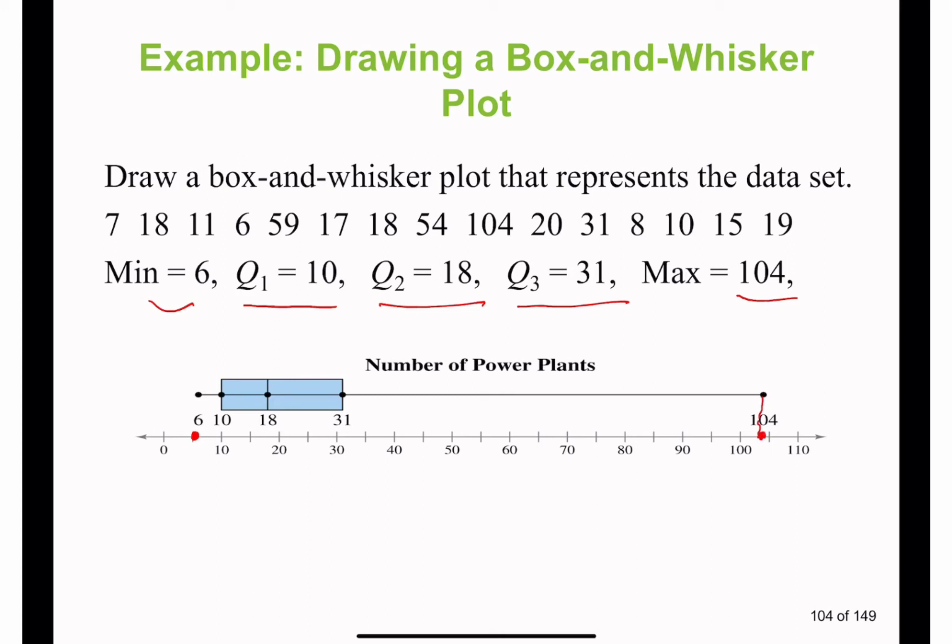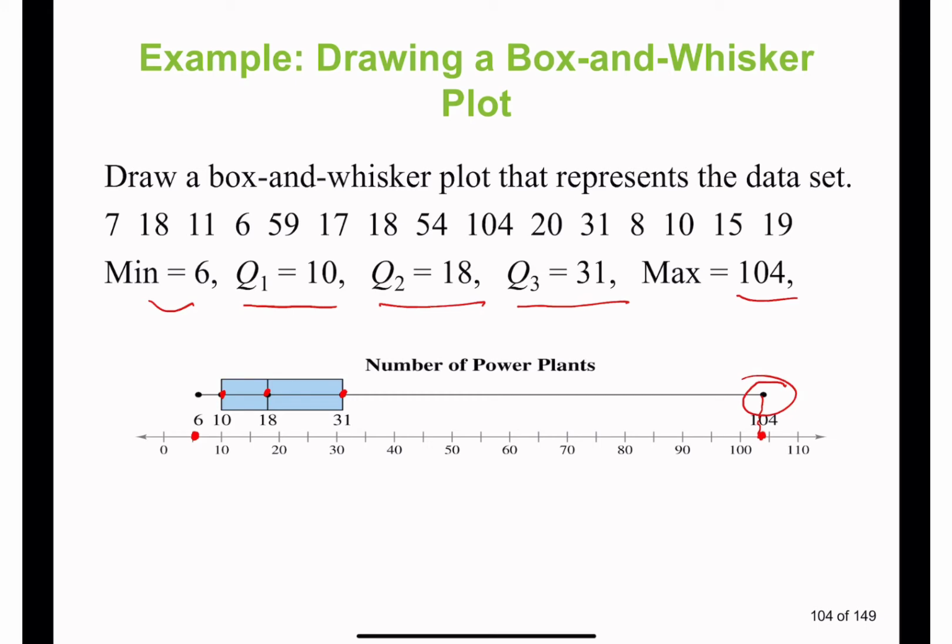We are building Q1, which is 10. Q3 is 31. Q2 is 18. So what can we say here? We can say that data are skewed towards bigger numbers, right? So the mean will be skewed towards bigger numbers, and that 104 is a possible outlier.